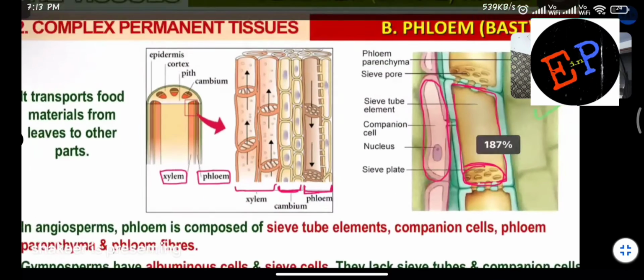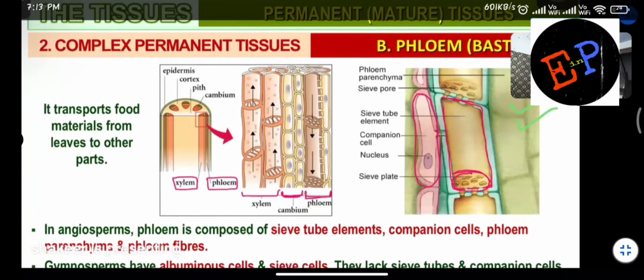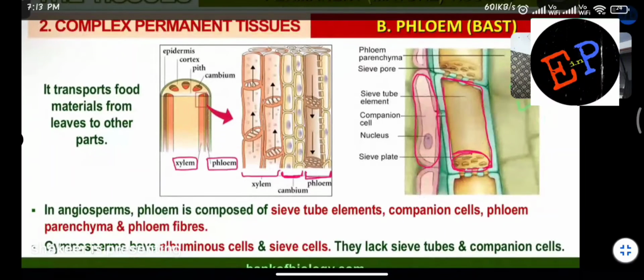Then we are studying about phloem, or bast. So let us see what is meant by phloem bast. It transports food materials from leaves to other parts. Basically, the vascular system we can divide into two types: one is xylem and the second one is phloem. What does xylem do?